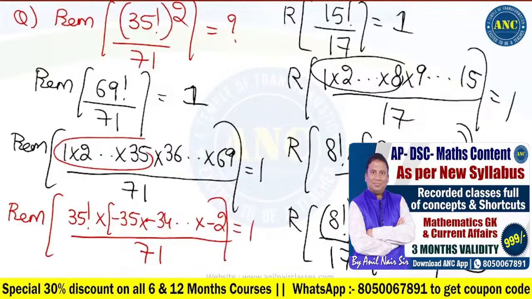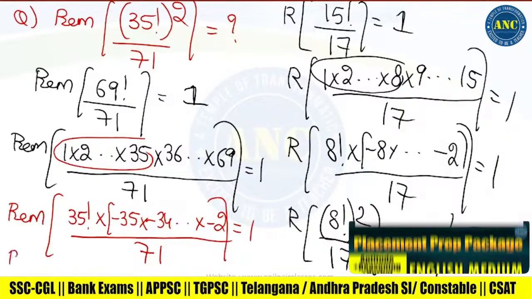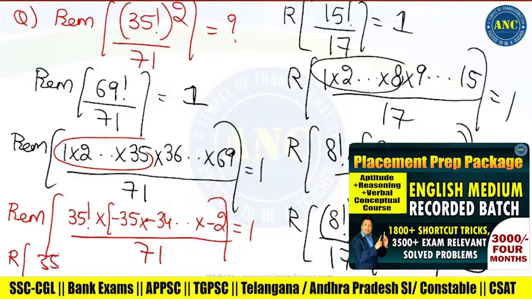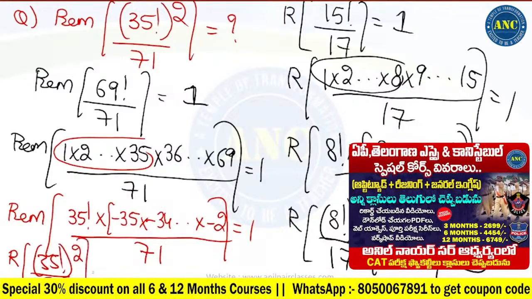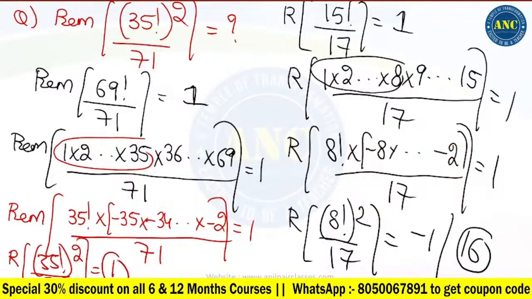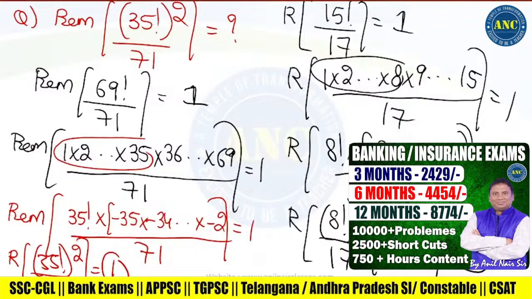From 2 to 35, 34 negatives are there. So it is 35 factorial whole square divided by 71. Answer is 1. 35 factorial whole square divided by 71 is 1.